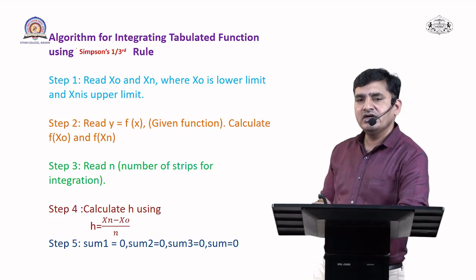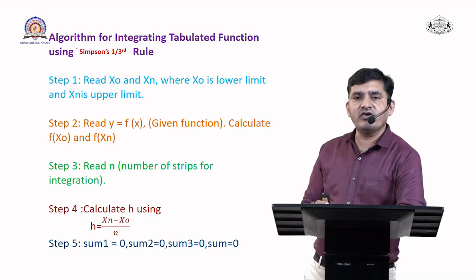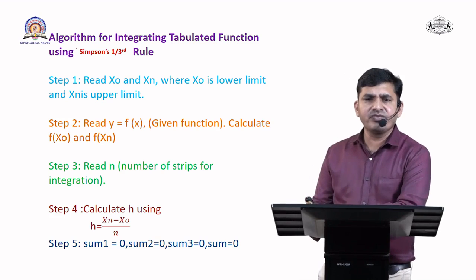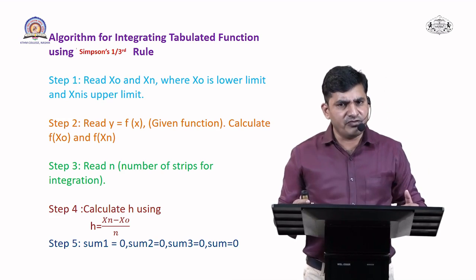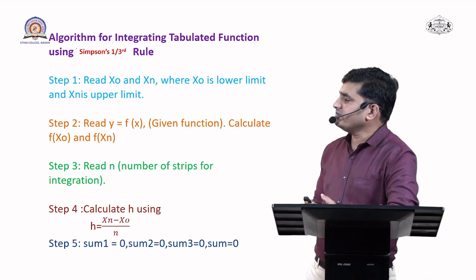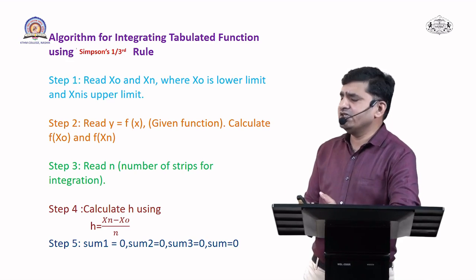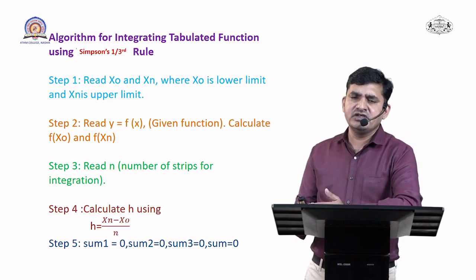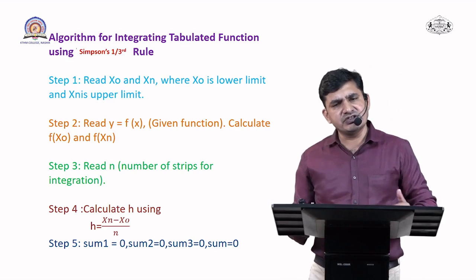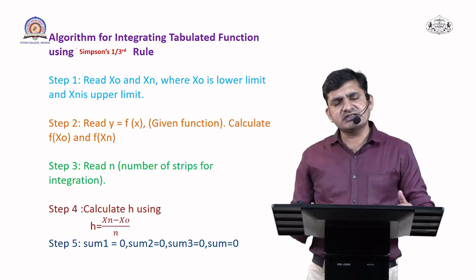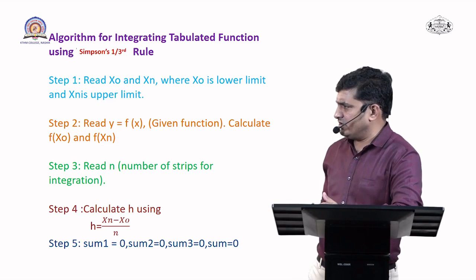Then read y is equal to f of x, that is the given function, and calculate f of x0 and f of xn. Then read n, that is the number of steps. Calculate the step size by using the formula h is equal to xn minus x0 divided by n. Then consider sum is equal to 0.